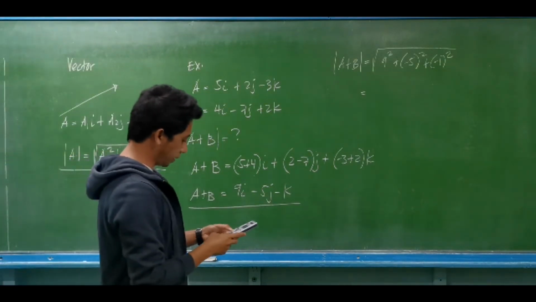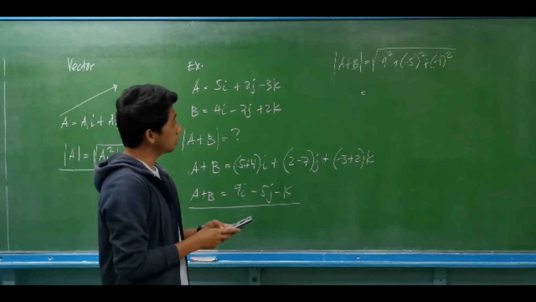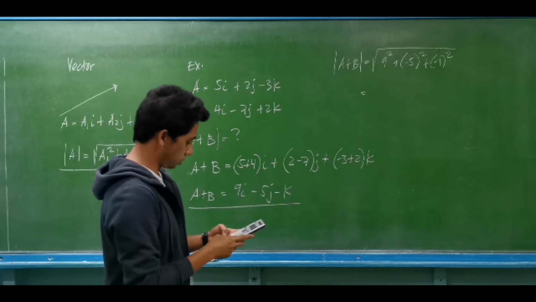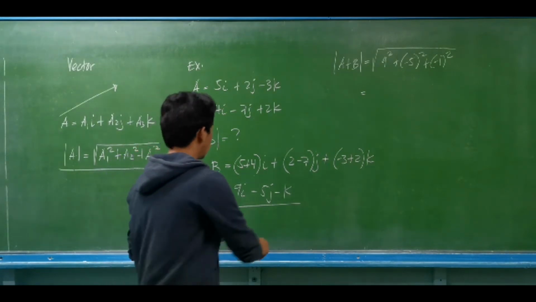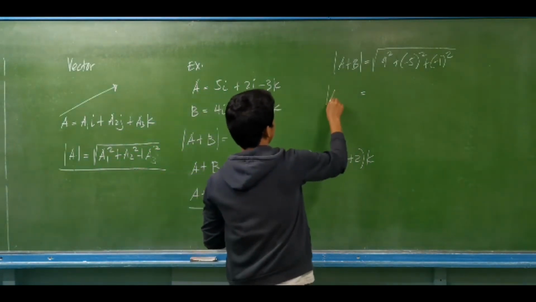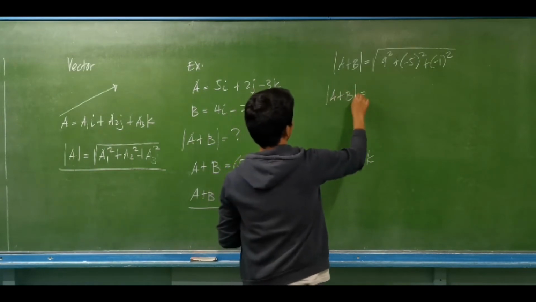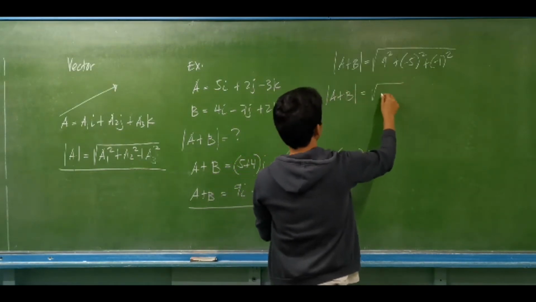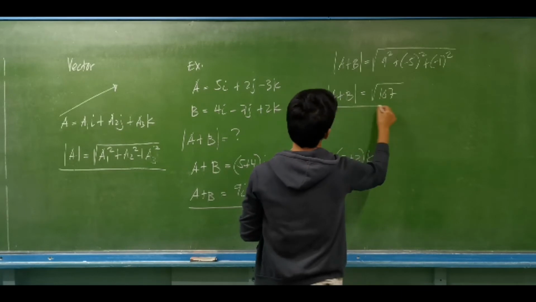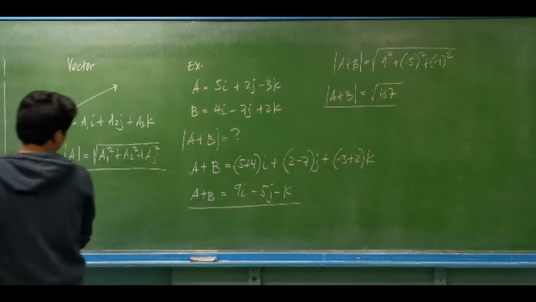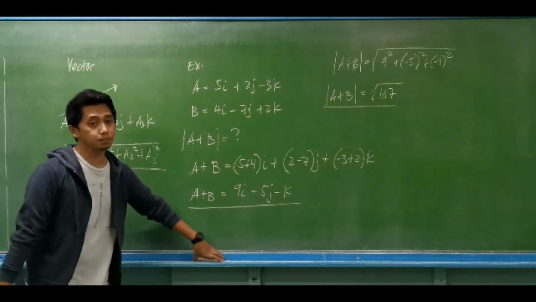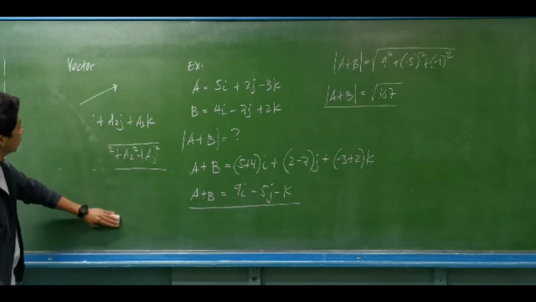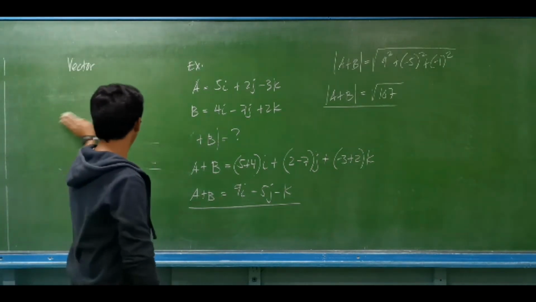So we have the square root of 9 squared plus 5 squared plus 1, which is equal to the square root of 107. And other than addition of vectors, we have the other operations for vectors.